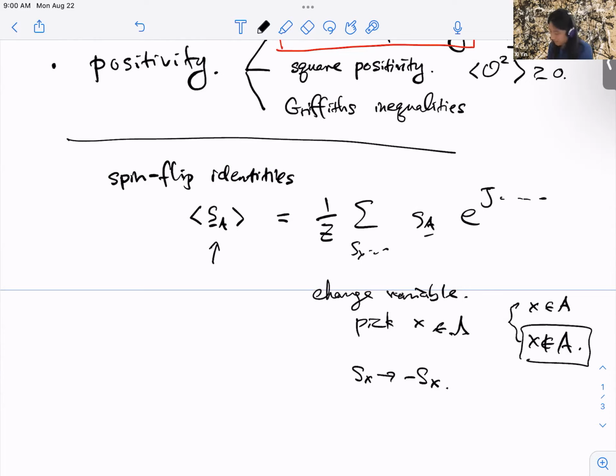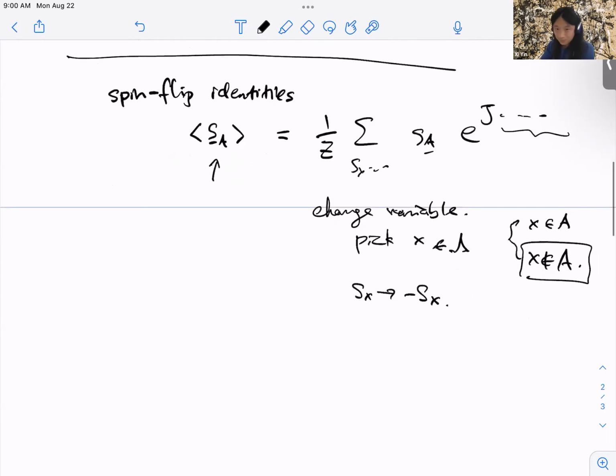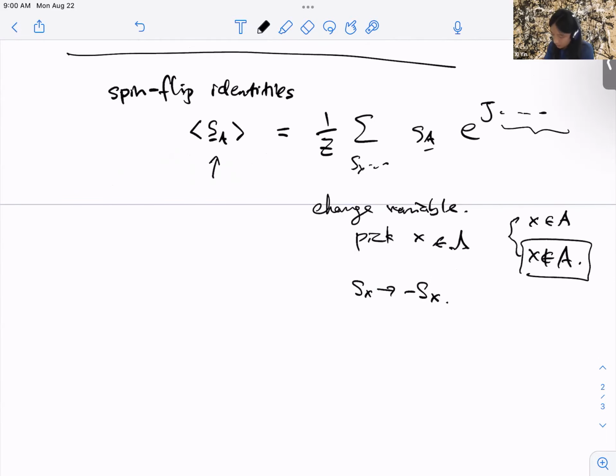But when you do the change of variable, you are changing the coupling in the exponent. So in this case, you would conclude that the expectation value is the same as the old expectation value of the same A, but because you are flipping some couplings in the exponent, you have to compensate for that. So you have e to the minus 2J.